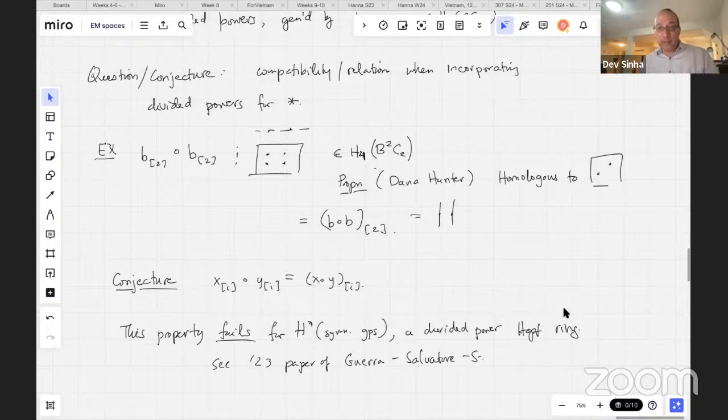We like to have the divided power structure as another way to produce new cohomology from old, or in this setting, new homology from old. It's a lovely part of the story, and it goes back to Cartan. But when you're integrating that with the Hopf-Ring structure in the symmetric group case, the obvious compatibility just isn't true.